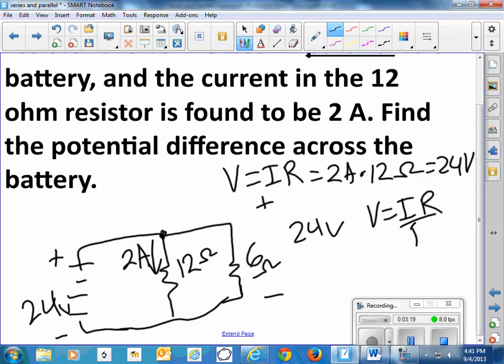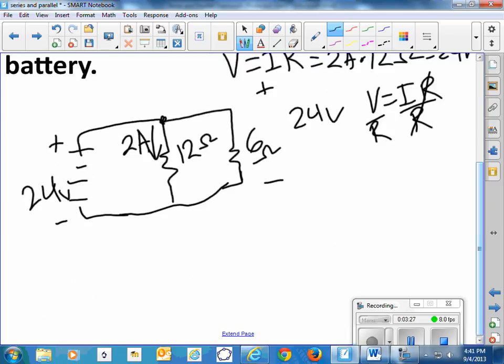Let's divide both sides by R. So the current equals the voltage divided by the resistance. The voltage is 24, the resistance is 6, so there are 4 amps flowing down through this path.